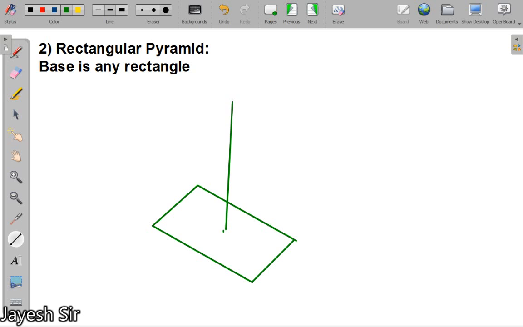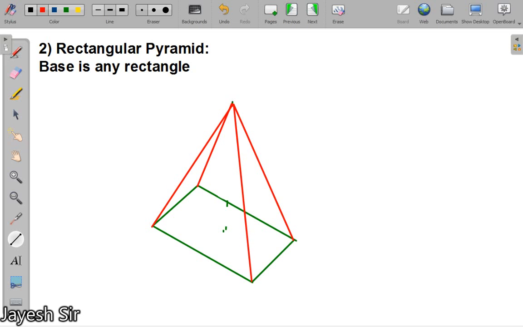So I've taken a point for apex. Okay, it is easier to draw this kind of figures if you already have a point for apex. Okay, what we do is we simply join the lines. These may not look like isosceles triangles, but in fact all of these are isosceles triangles.